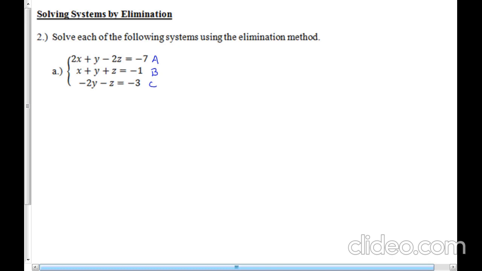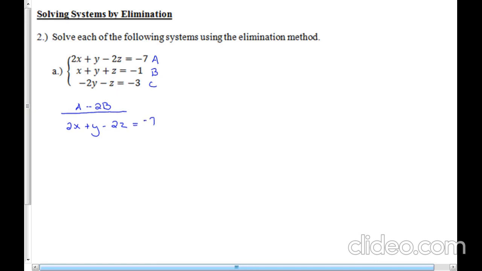So what I'm going to do here with A and B is I'm going to take A as it is, and I am going to subtract negative 2B. Now, I'll show you why I'm choosing negative 2B. The goal here, again, is to eliminate the variable x.